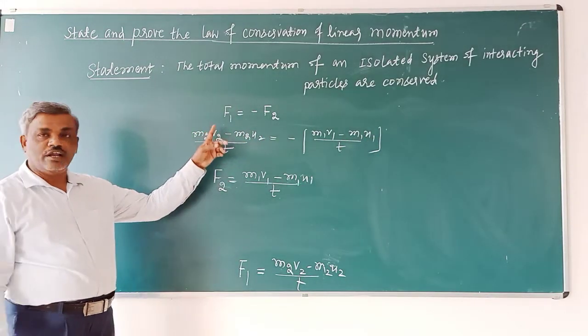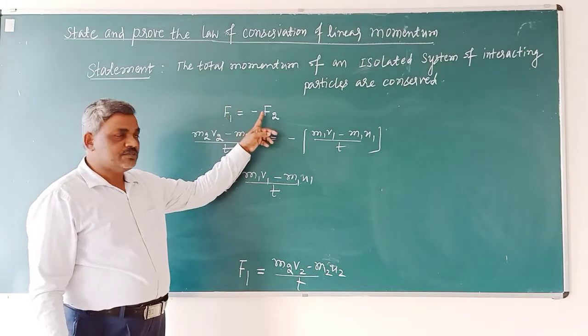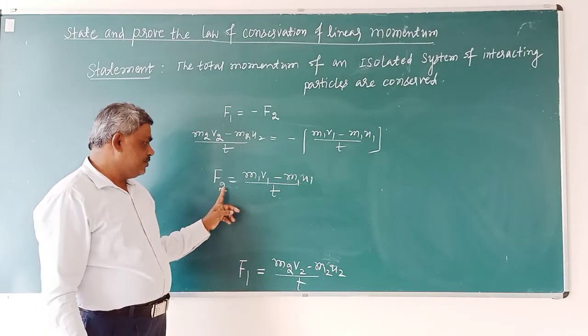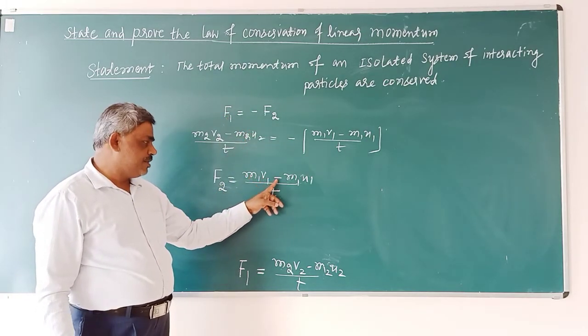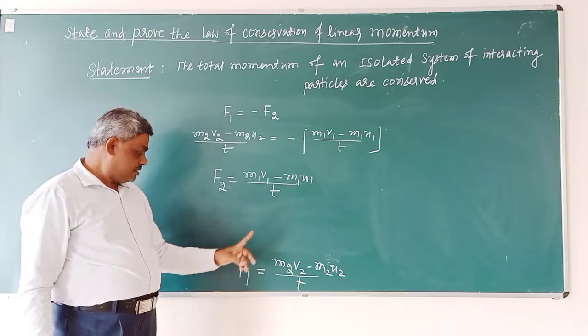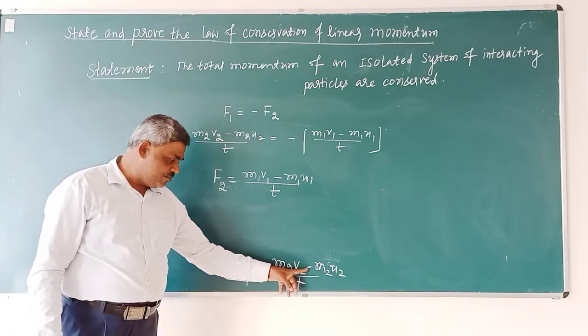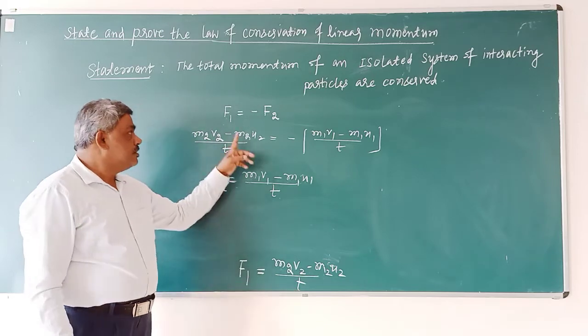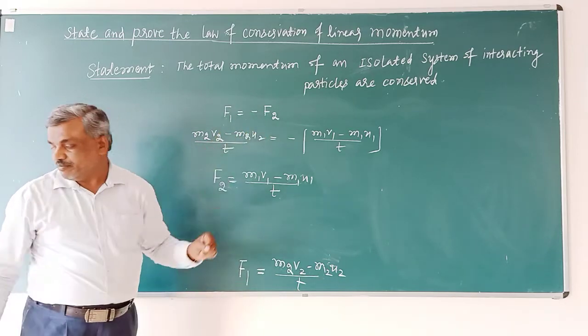According to Newton's third law, F1 equals minus F2. Now F2 equals m1 v1 minus m1 u1 by t, and F1 equals m2 v2 minus m2 u2 by t. So F1 equals minus F2.